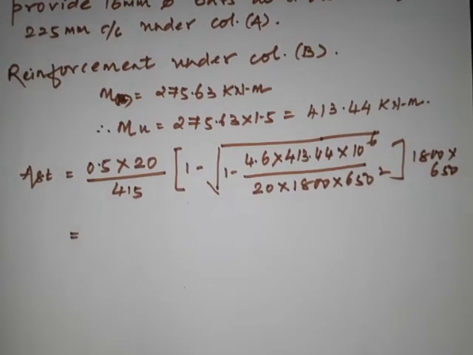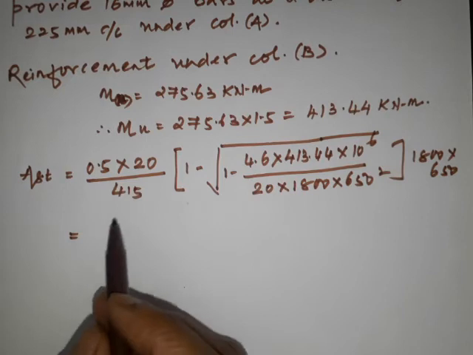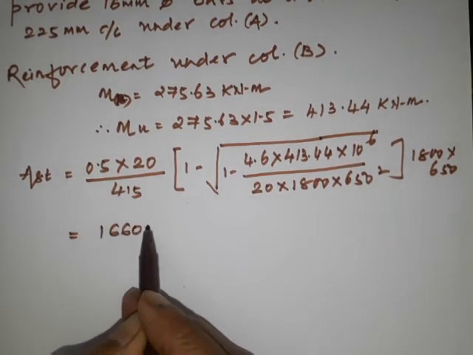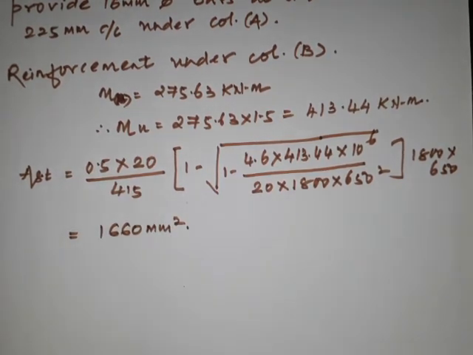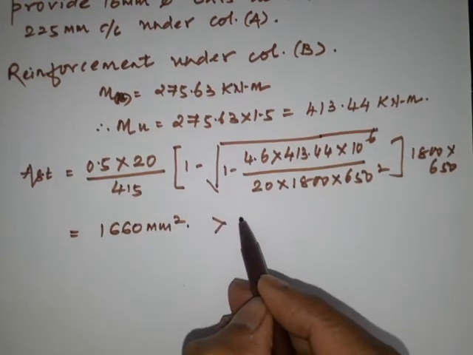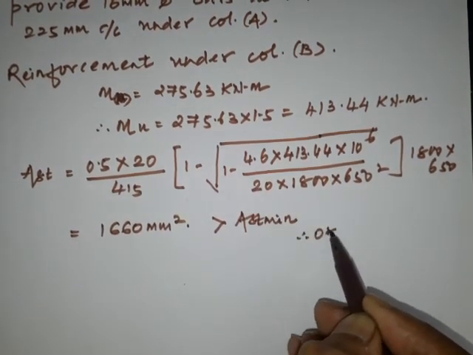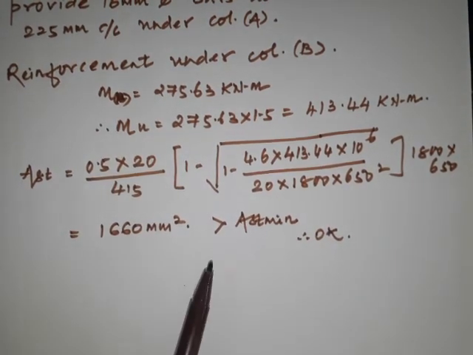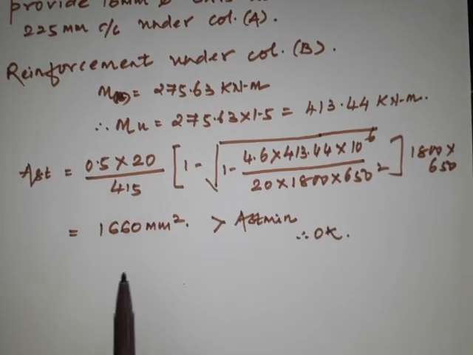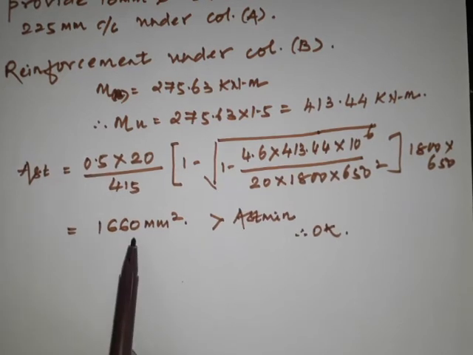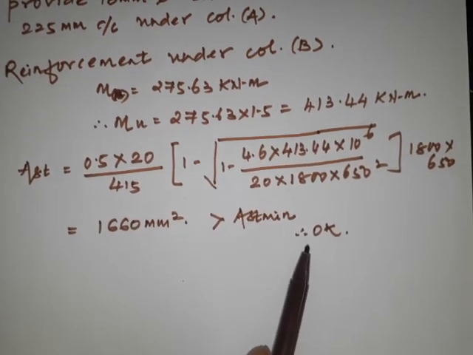So we'll get this AST as 1660 mm square, and which is more than AST minimum. Therefore okay. Already we have checked AST minimum, it is 1512, and this AST is more than AST minimum. So therefore okay.